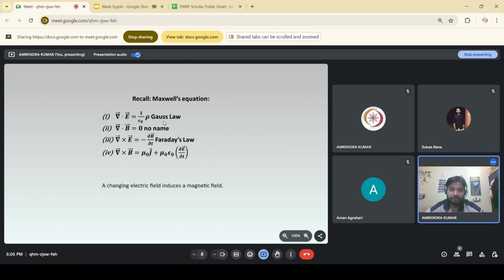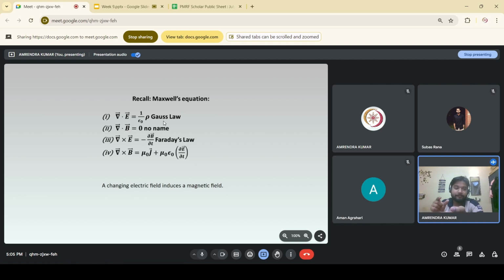Then the third equation is del cross E is equal to minus del B over del T. It's Faraday's law. The integral form is that if you have a permanent magnet fixed at some place, and a coil of wire that you move here and there with respect to the magnet, then a voltage is generated across the wires of the coil.